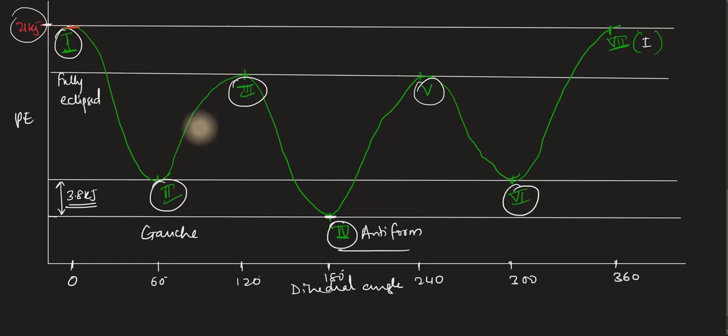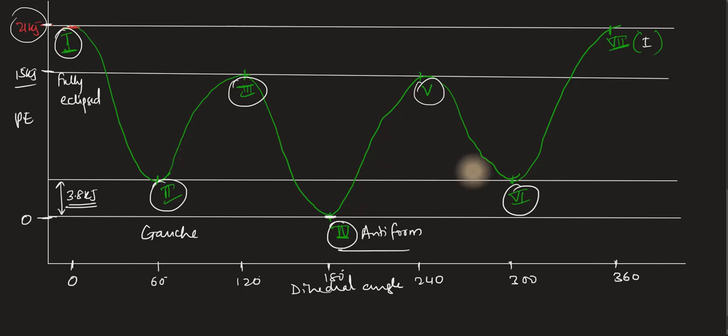These are approximate values, and considering the anti form as 0, the energy difference between the anti form and the partially eclipsed form is 15 kilojoules.